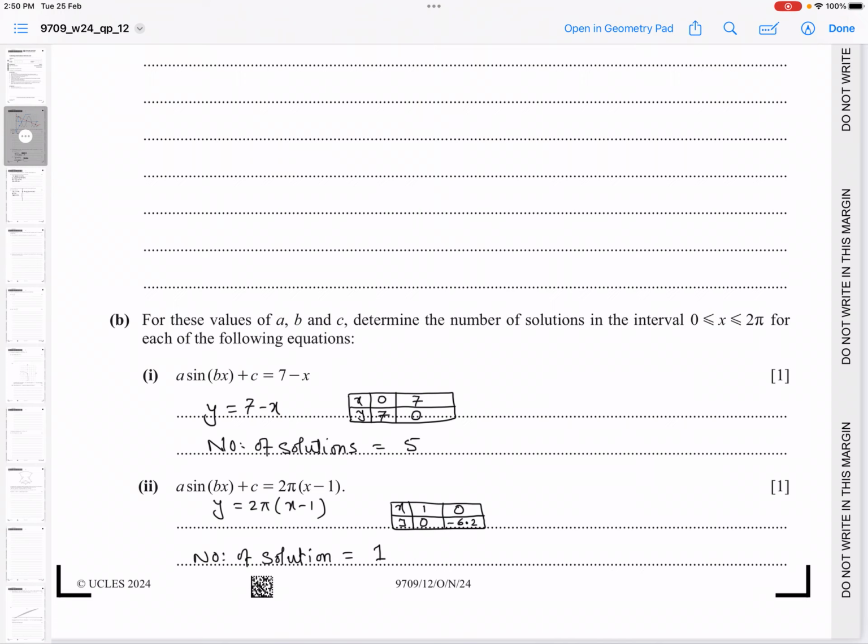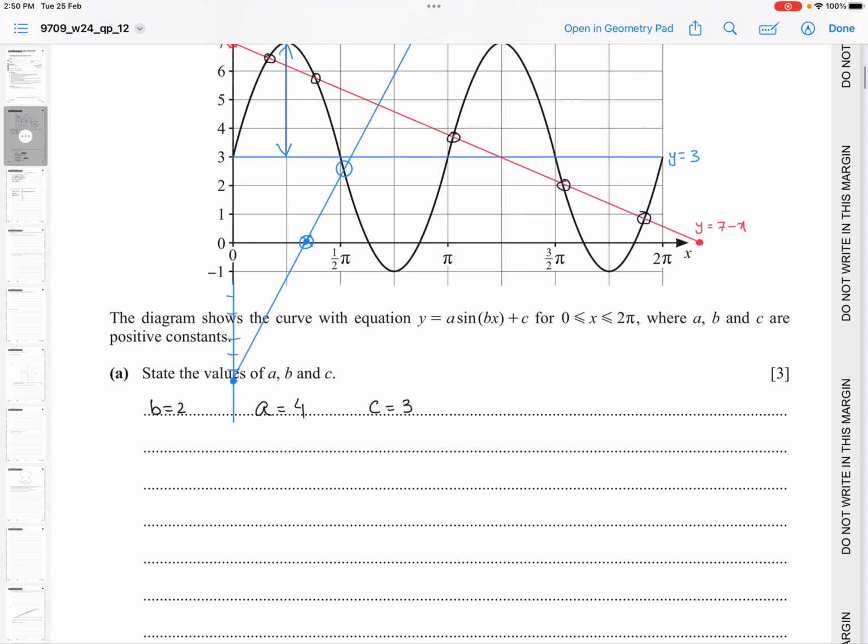In the second part, a sin(bx) plus c is equal to 2 pi times (x minus 1). So I can write y in place of a sin(bx) plus c: y equals 2 pi (x minus 1). This is again a straight line. If I put 1 in x and solve it, I get y as 0. So x is 1 and y is 0.